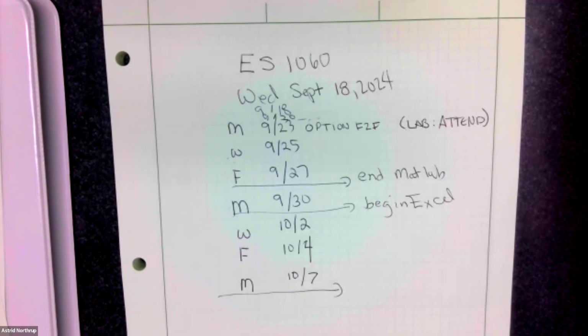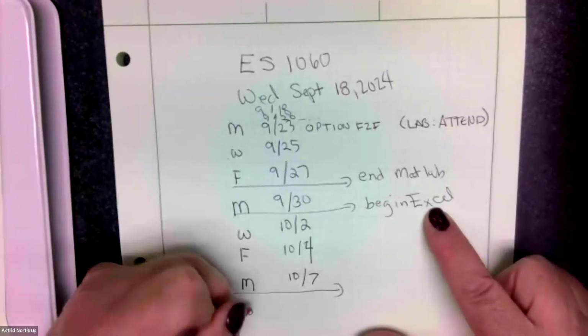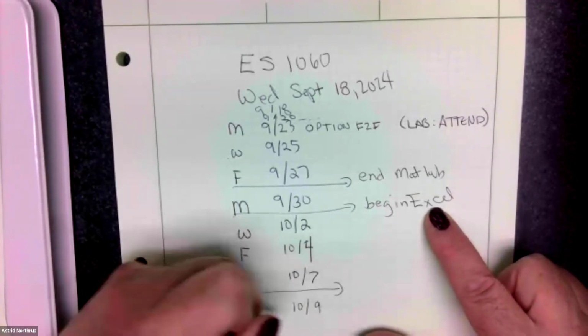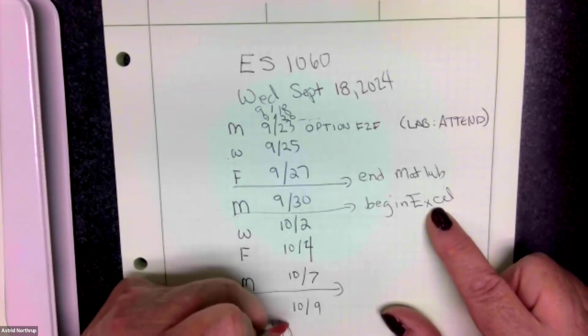All right. So what you'll see is that the last day of the half-term classes is October 10th. We do have a 4-day weekend, October 11th through 14th. So in other words, we'll begin Excel here, and then here we will have 10-9, and then we have fall break.